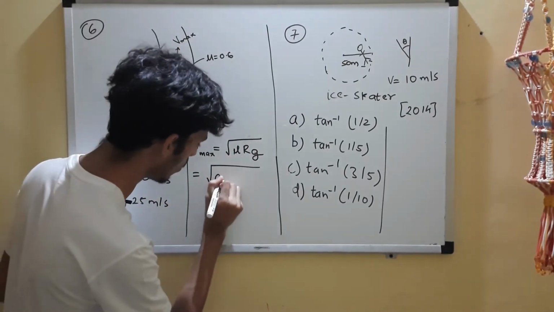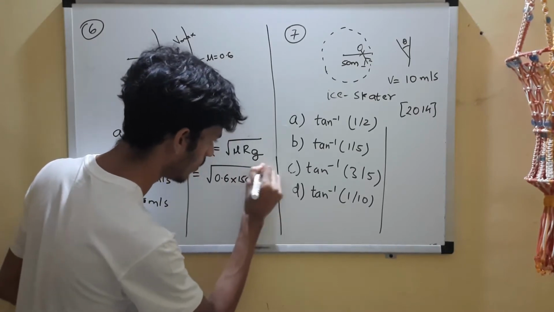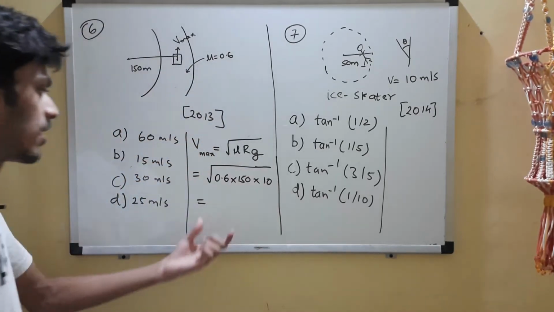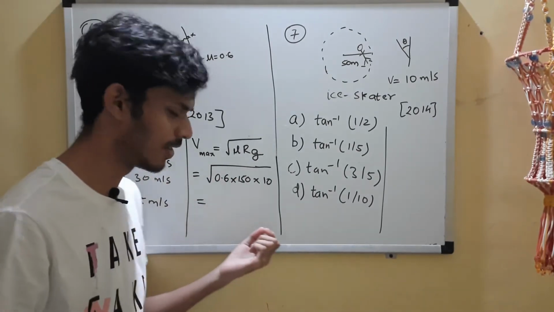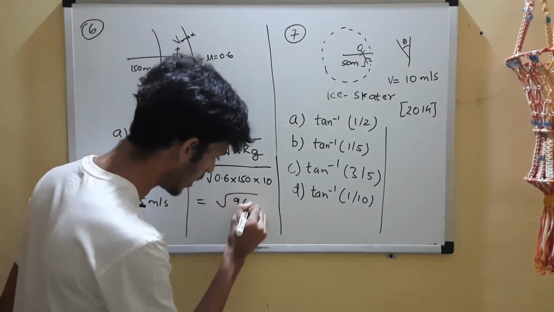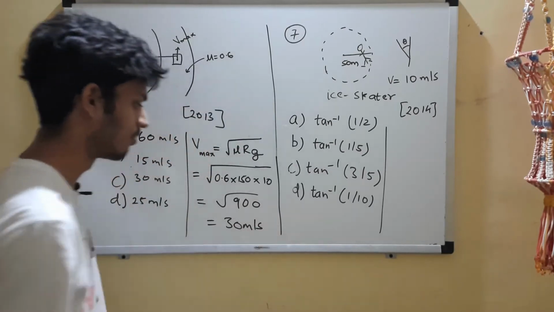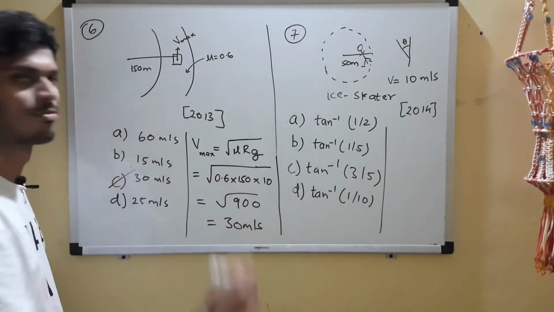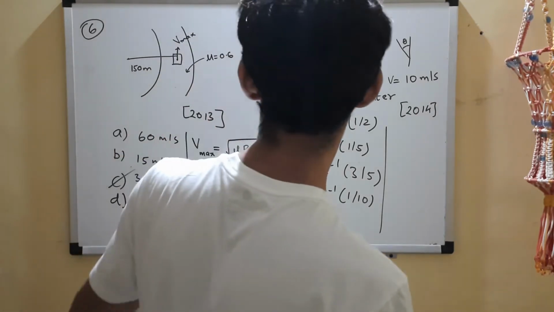Mu is 0.6, r is 150, g is 10. 0.6 into 10 is 6, 6 into 150 is 900. So that gives us 30 meters per second. C is the correct choice. So formula based question in 2013.